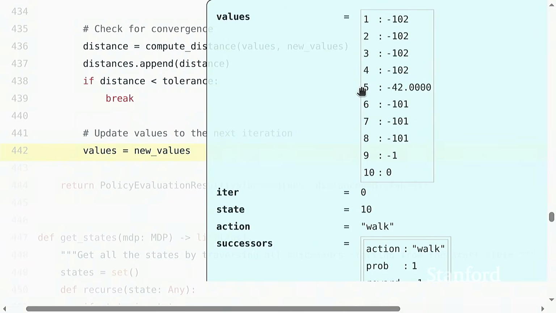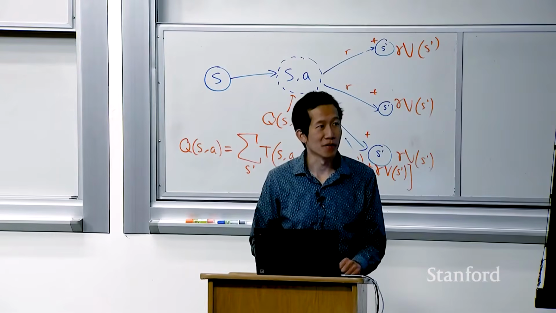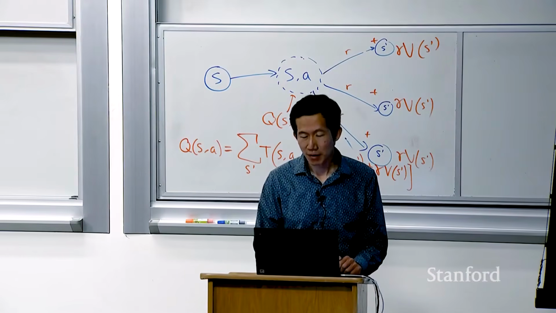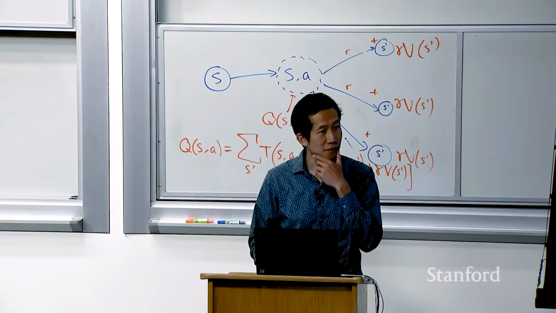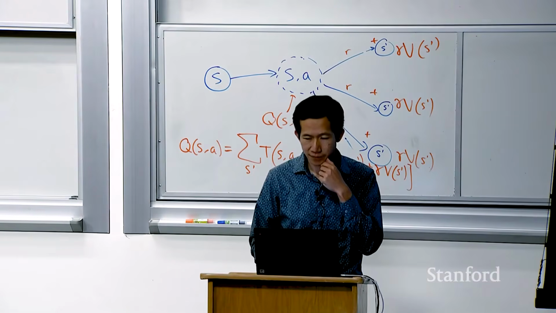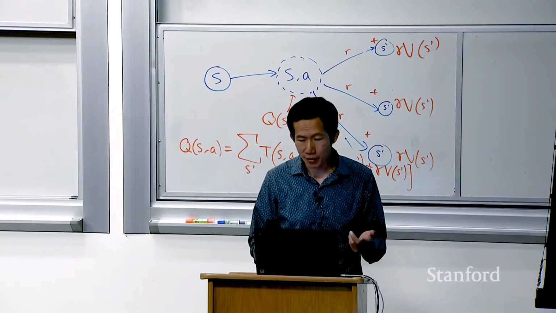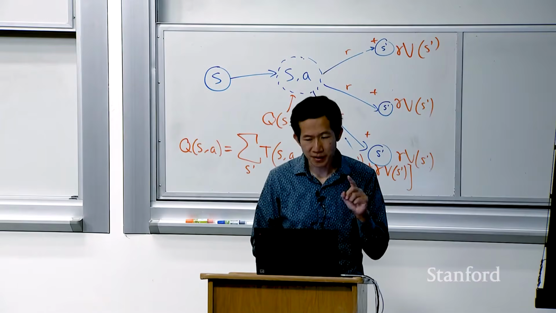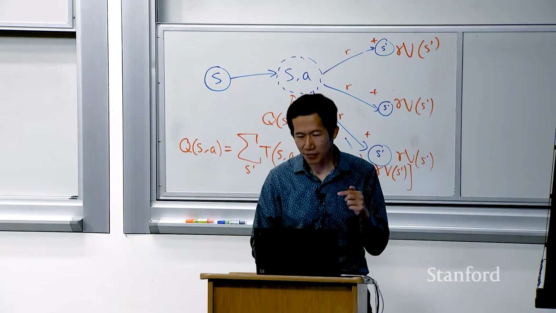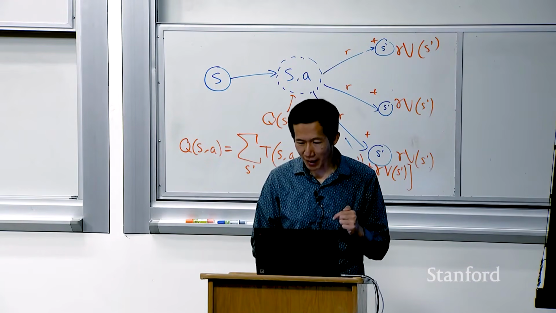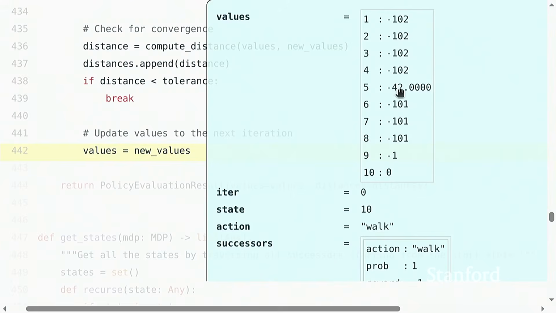Notice that 5 also got updated. Why is it like minus 42? Any ideas? Yeah, there's a 60% chance of taking the tram and going to 10, so that's why you have minus 2.